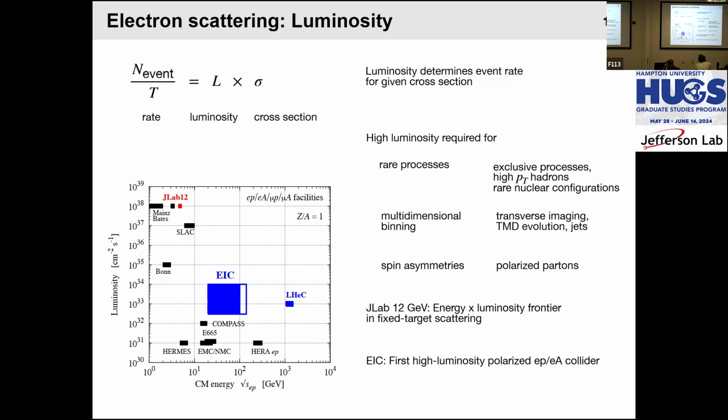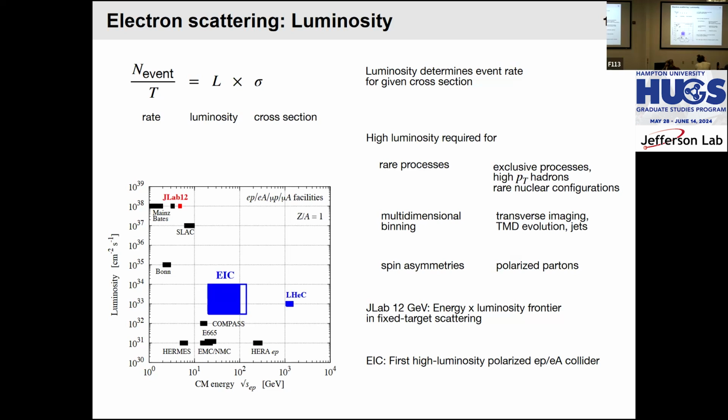It's a kind of aggregate quantity that accumulates all the experimental factors that go into what's the theoretical number of collisions per time that can be achieved, things like target density, beam current, all that. But it's a very crucial number, because it directly determines the event rate.